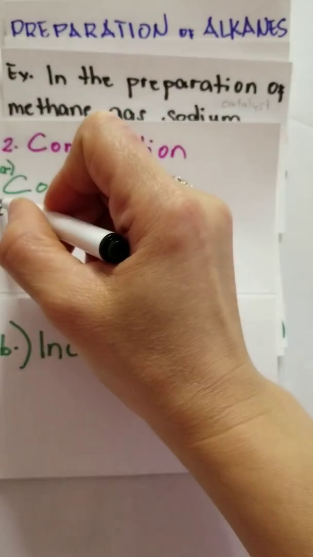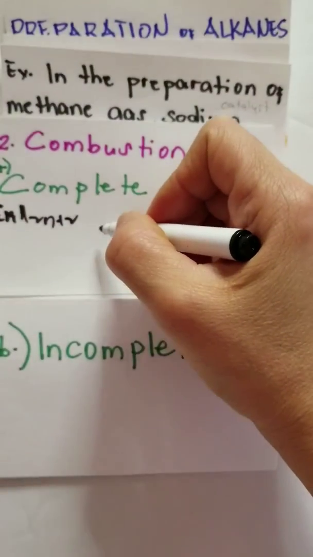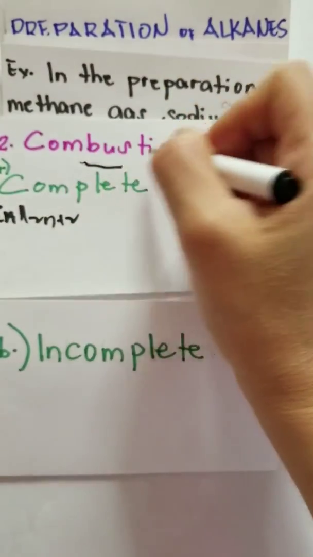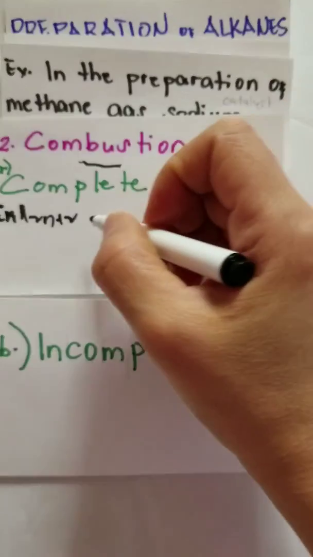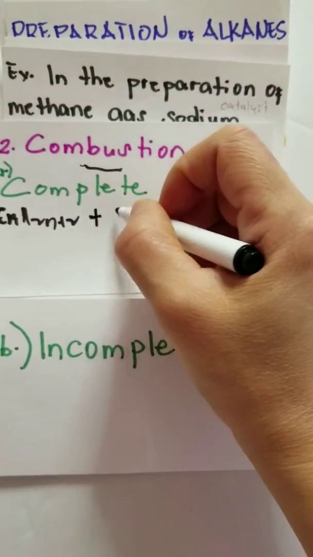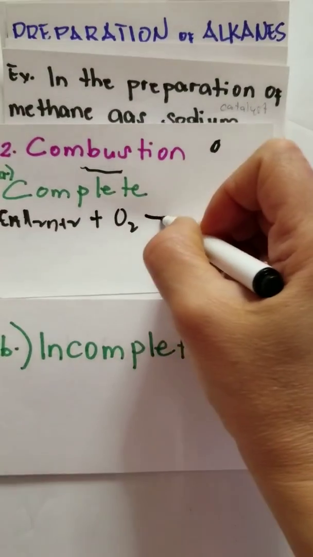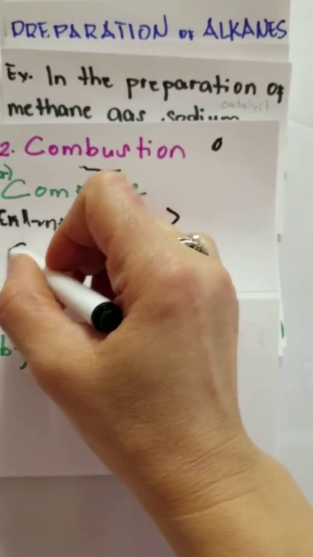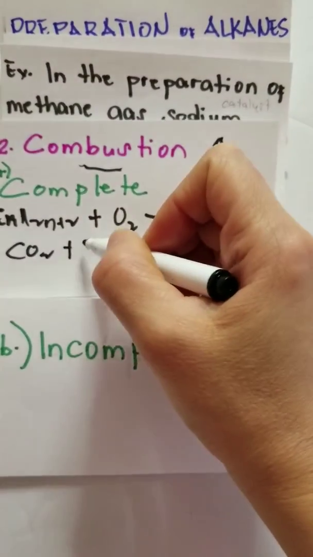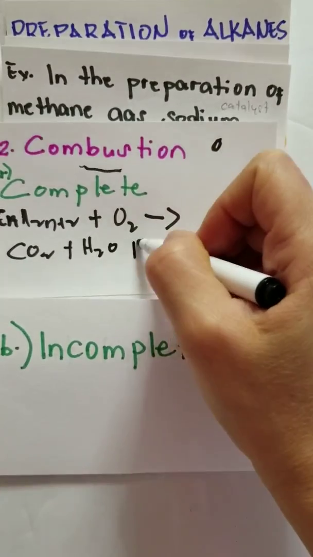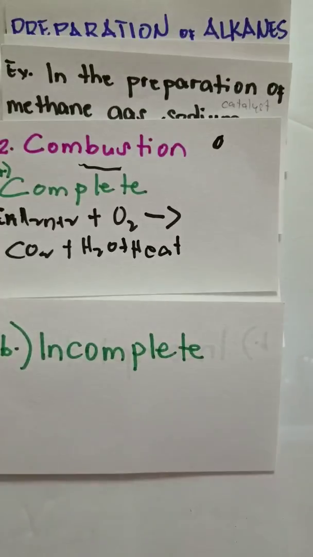All right, I think so. Okay, CnH2n+2 plus, we're talking about combustion, if you have the presence of oxygen, there is a fire, right? So plus oxygen, and then it will yield carbon dioxide plus water, and will produce heat. All right, okay.